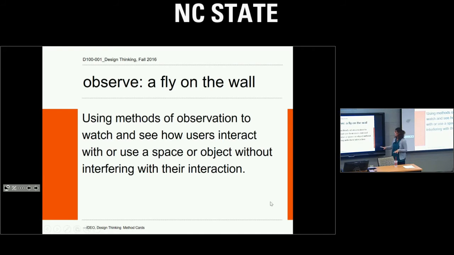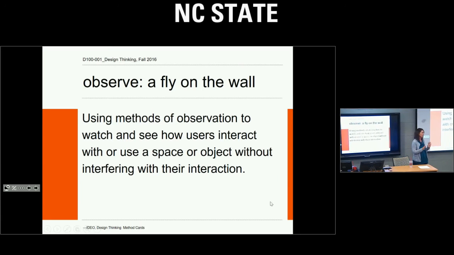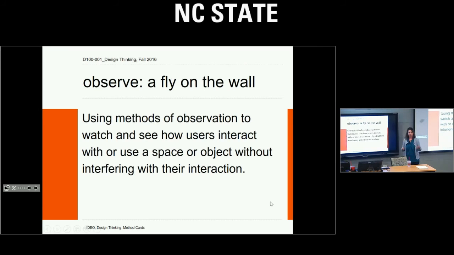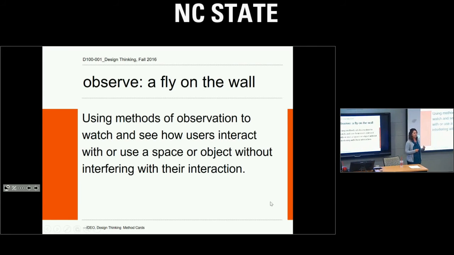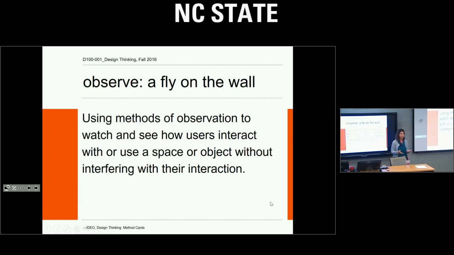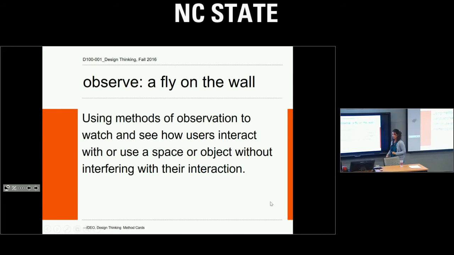What's really important about not interfering is that you see naturally what they do, so you're not modifying their behavior. In a coffee shop, for instance, do they make a beeline for the cash register, or do people stop and say hi to a bunch of people because everybody in the coffee shop knows each other? You can start to see those patterns in your fly on the wall observations.